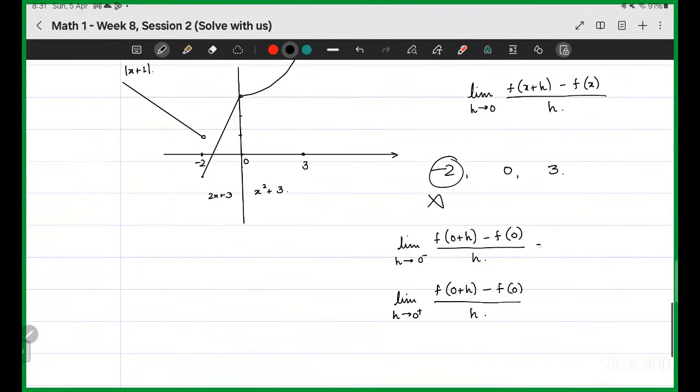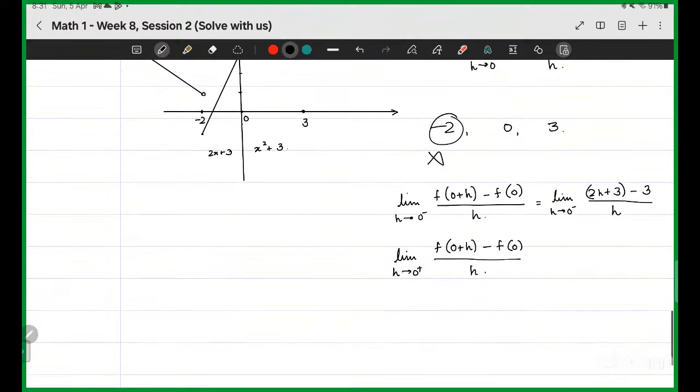So the first limit, the left-hand limit, would be f of h, but you are on the left of 0, so it is 2h plus 3 minus 3, with 3 coming from f of 0, divided by h. And for the right-hand limit, it is f of 0 plus h, or f of h, where h is positive. So this would be h squared plus 3 minus 3 divided by h. Now the first limit will become 2. I'll let you check that. And the second limit will become 0.